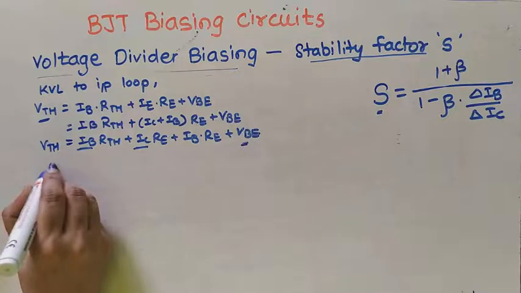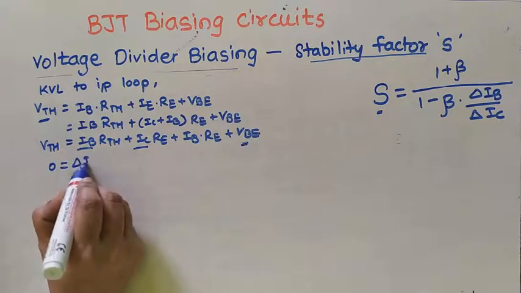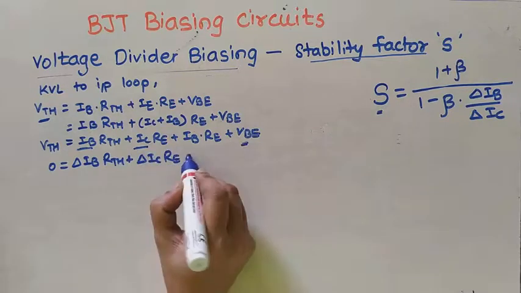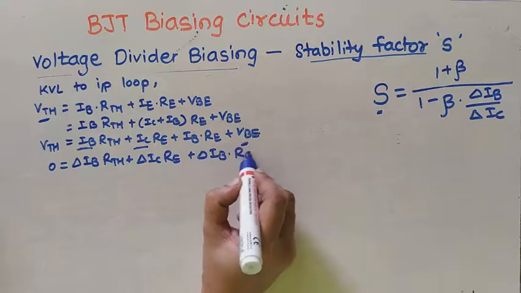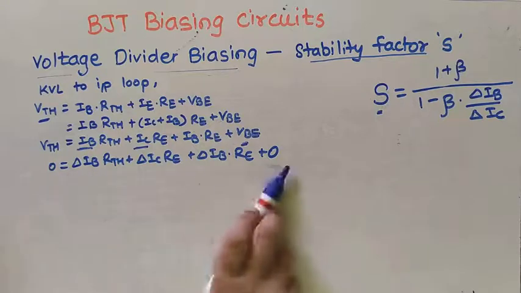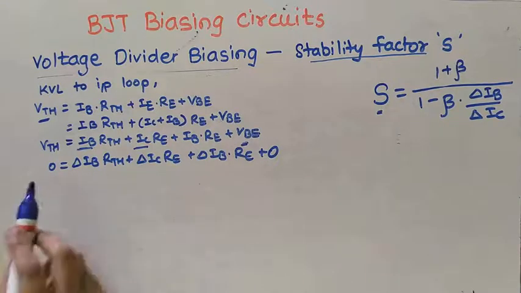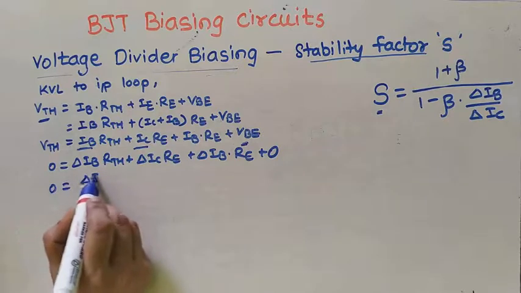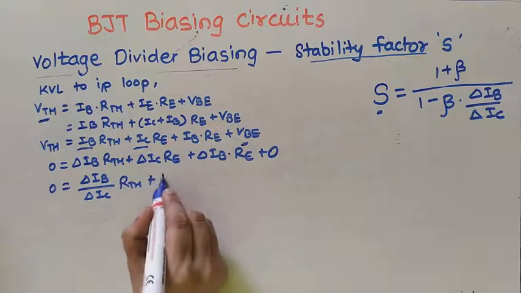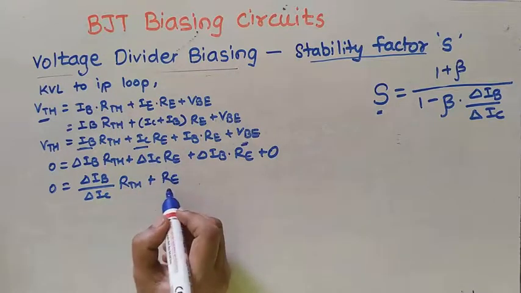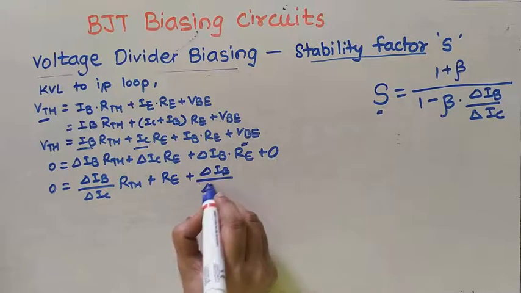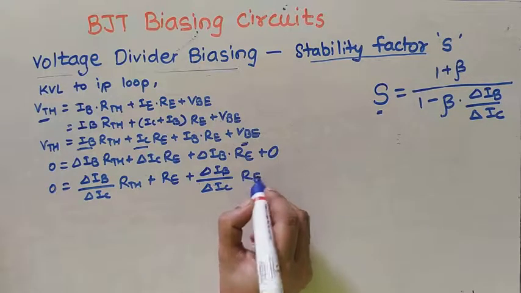So 0 is equal to change in IB into RTH plus change in IC into RE plus change in IB into RE plus 0. Then we divide the whole equation by delta IC. So 0 equals delta IB upon delta IC into (RTH plus RE), plus delta IC divided by delta IC, which is 1, into RE.